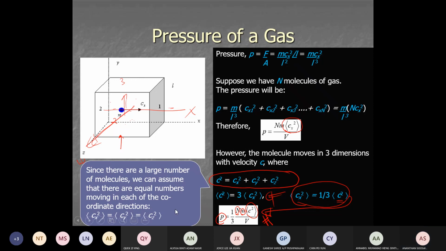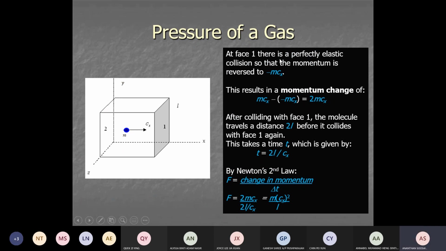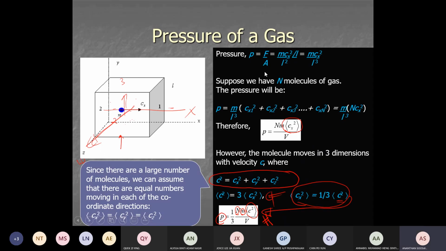So this derivation you have to know: from momentum, one particle, they find the change in momentum and the force by one particle. Then they extend the model to N particles.